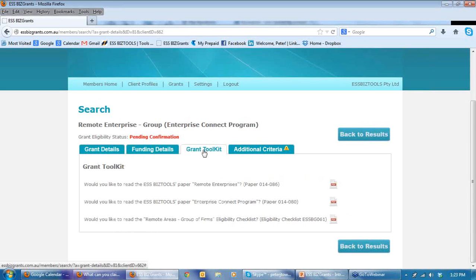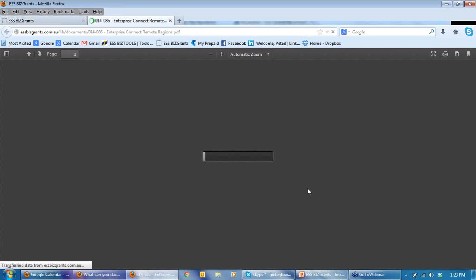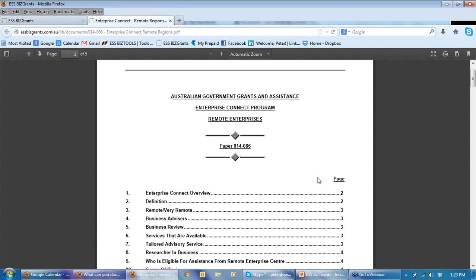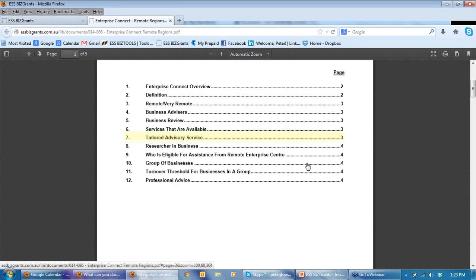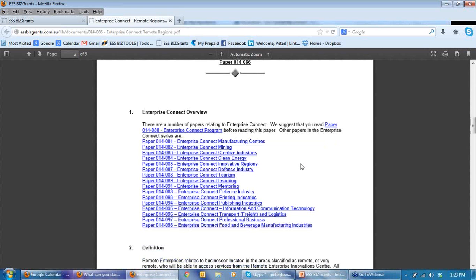The Grant Toolkit is where we've included some additional information. So if you wanted to view the ESS BIZTools paper on remote enterprises, there's the contents, there's the paper. It's linked to the 12 other papers on industries that are supported by Enterprise Connect.